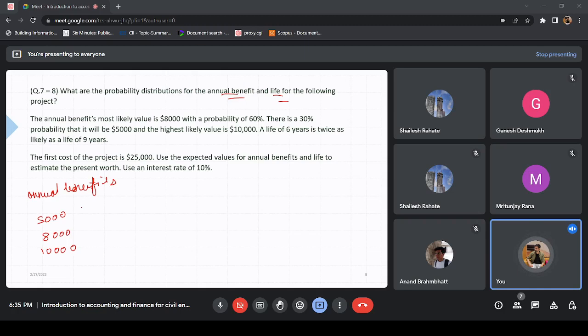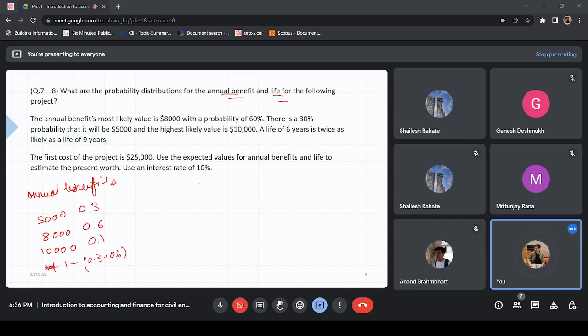For 5,000, you have got 30% chance. For 8,000, you have got 60% chance. So, what is the chance that you will get 10,000? Right, that can be done by 1 minus (0.3 plus 0.6). That gives you the value of 0.1.